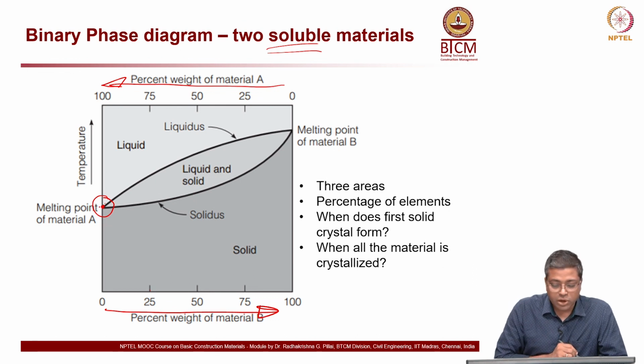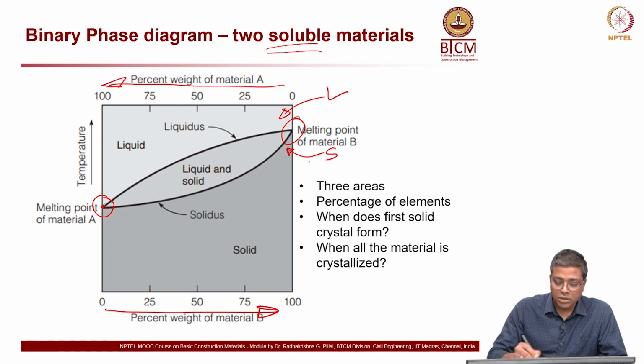So this is the melting point of material A. Similarly, you have the melting point of material B here. So that means here it is liquid and here it is solid. I think that is clear now.